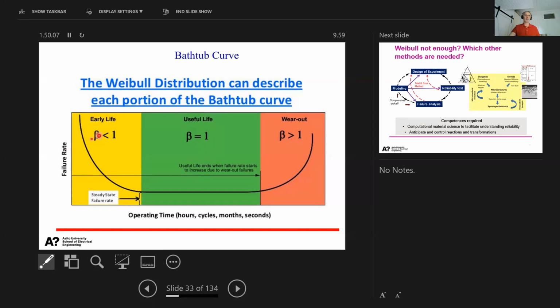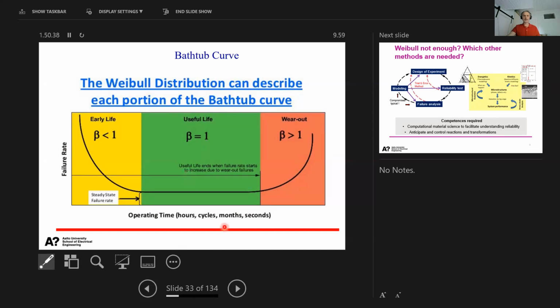The shape parameter, this beta here, describes in which stage we are on the bathtub curve. When beta is 1, then we are here. If beta is below 1, we are here. And if beta is above 1, we are here. If this sounds strange, no worries, because we are coming back to this one. And you can find this data in every reliability handbook.